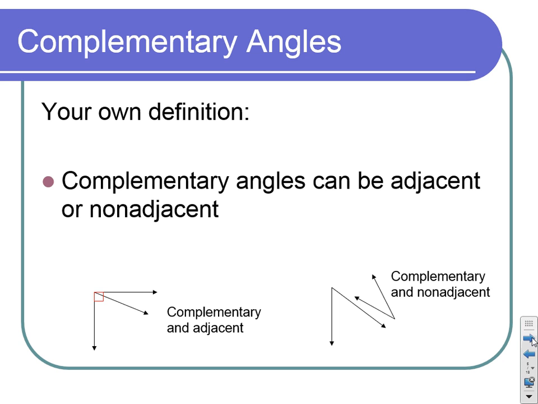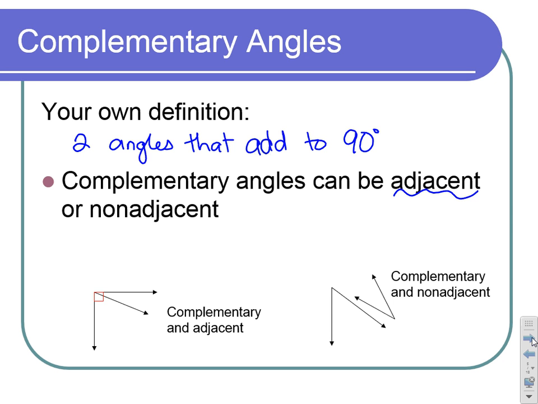All right, complementary, well, we know the number that matches up with that is 90, so you can say two angles that add up to give you 90 degrees. And the same thing goes for complementary, just like supplementary. Complementary angles can be adjacent and they can be non-adjacent.